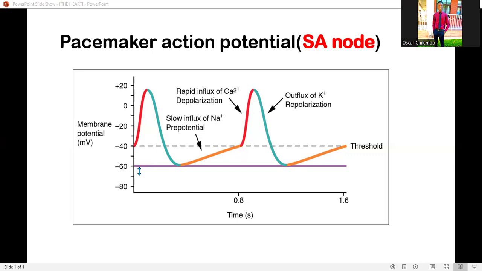Initially, we call this spontaneous depolarization. Why? Because there is an inward, slow movement of sodium into the cell. But this sodium movement is not extreme, because the movement is through the funny channels. So it's not enough to cause an overshoot.